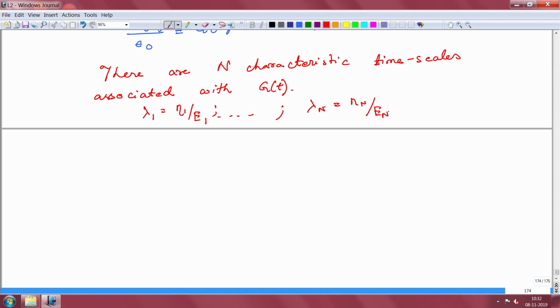Okay. These time scales are also called the stress relaxation time scales, or often just called the relaxation time scales.